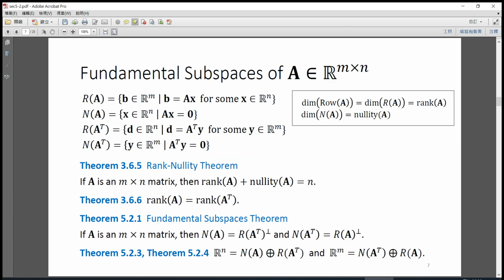You should also be familiar with the main results in this section. That is the Fundamental Subspaces Theorem and Theorem 5.2.3 and Theorem 5.2.4.